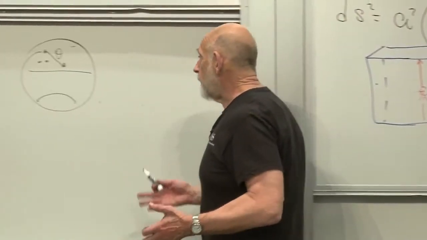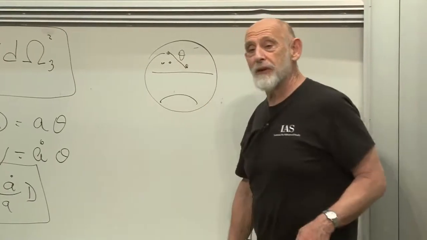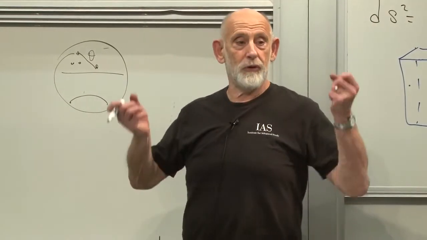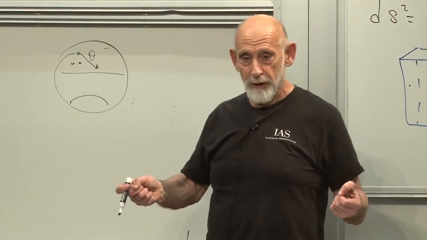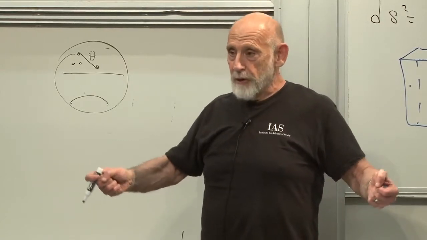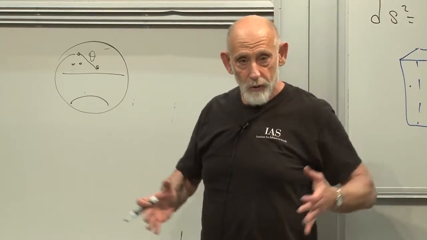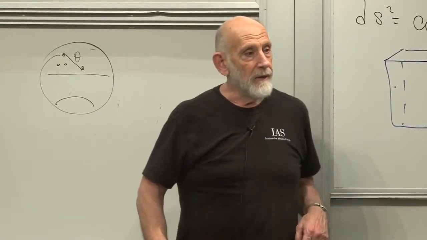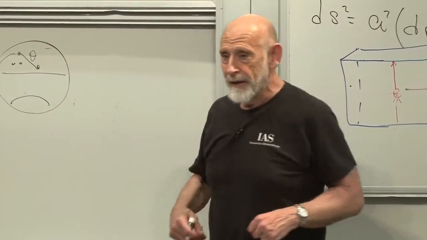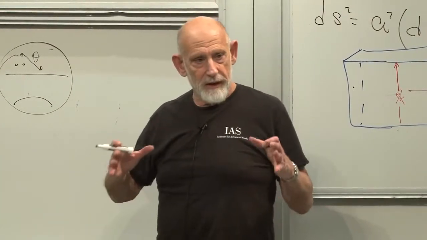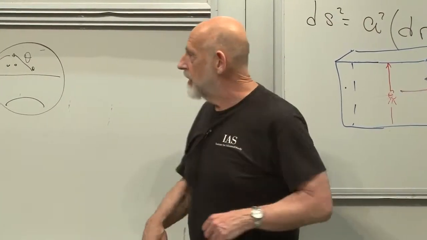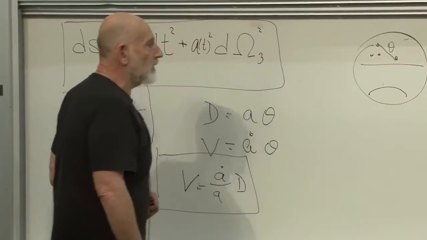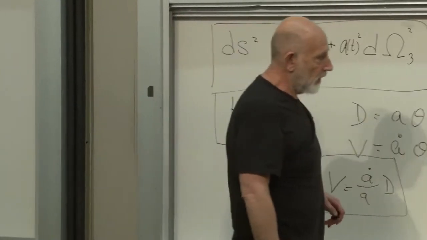Notice that this fact doesn't depend very much on whether this was a two-sphere. It would also be true for a hyperboloid if we took 2 points fixed on the hyperboloid and allowed the hyperboloid radius to grow. Exactly the same thing would be true. In fact, if we took the flat plane and took 2 points at fixed coordinate distance, but allowed the coefficient here, A, to vary with time, we would still have the Hubble law.